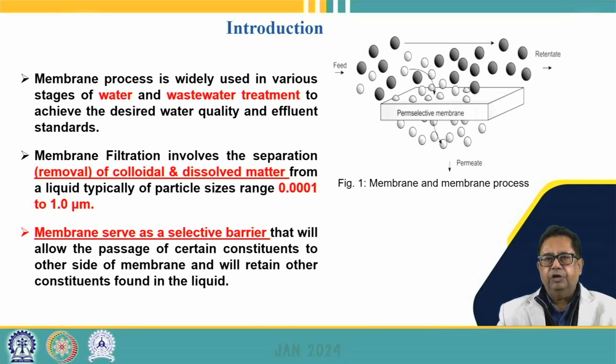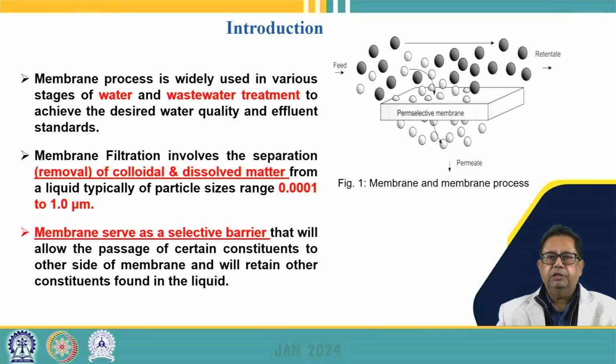Membrane filtration involves the separation, that is the removal, of colloidal as well as dissolved matter, having a particle size range of around 0.0001 to 1 micrometers. So here the membrane filtration is used to remove the colloidal as well as dissolved matter present in the water or wastewater.